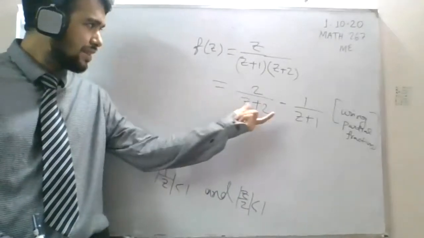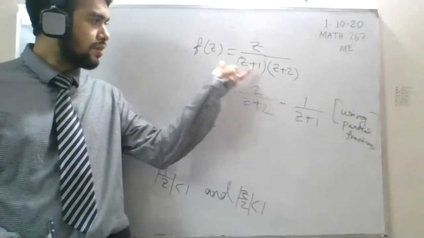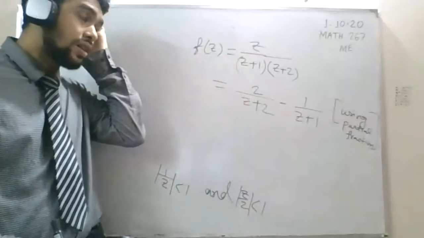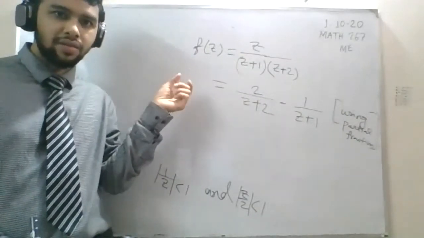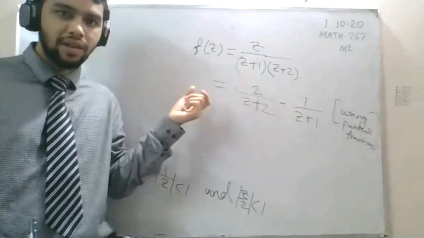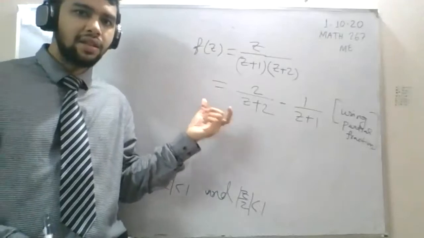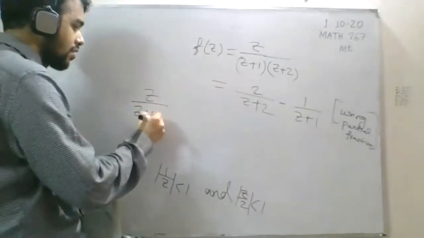The basic rule is you have to multiply this function by the denominator terms, which are z plus 1 and also z plus 2, and after that just put your values, z equals -1 and also z equals -2, and from there you can get the values of a and b.